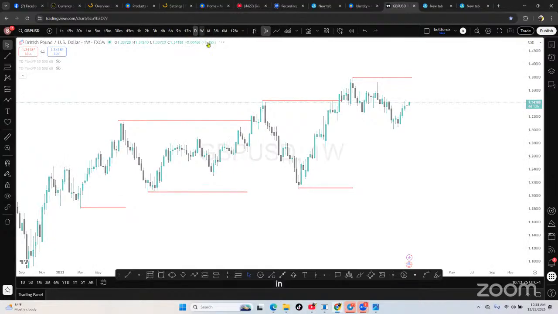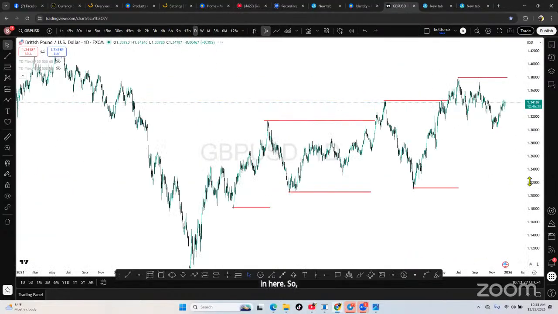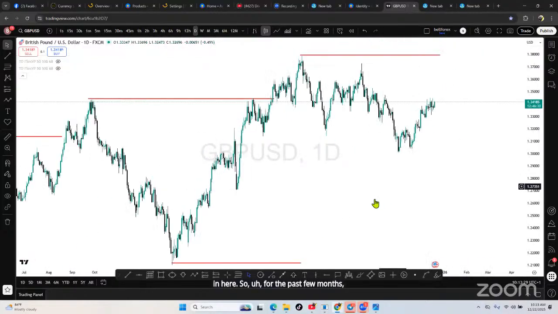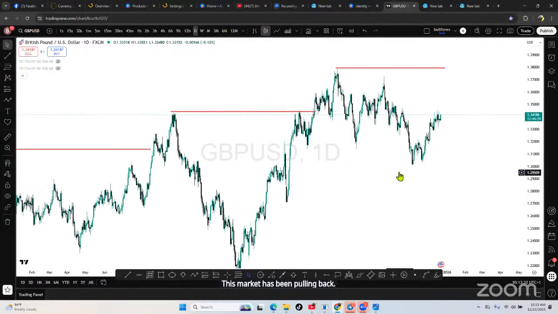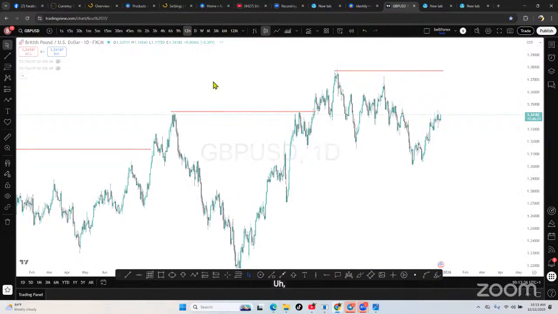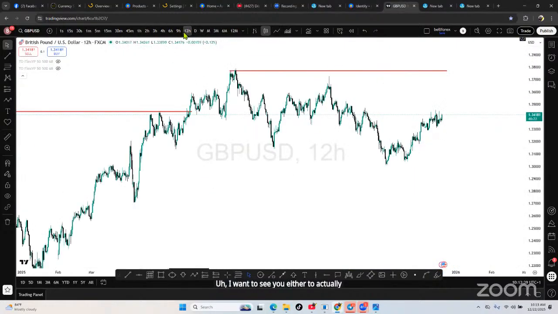movement here. For the past few months, this market has been pulling back quite massively. I want to see the POI that actually pushes the market.